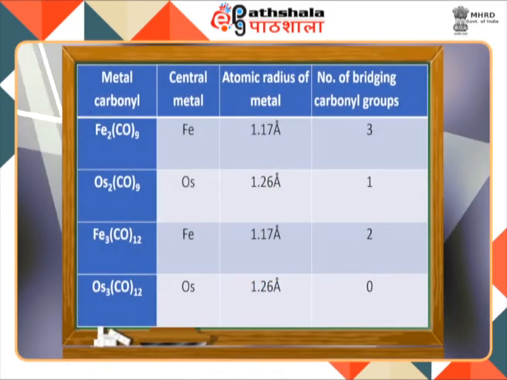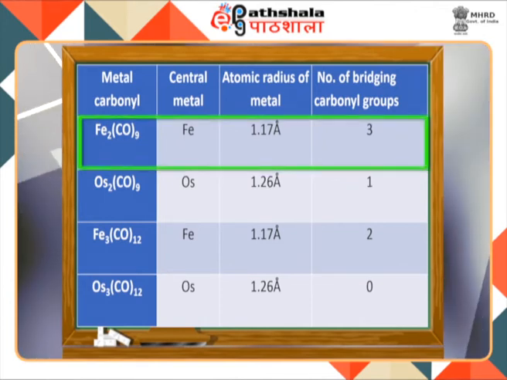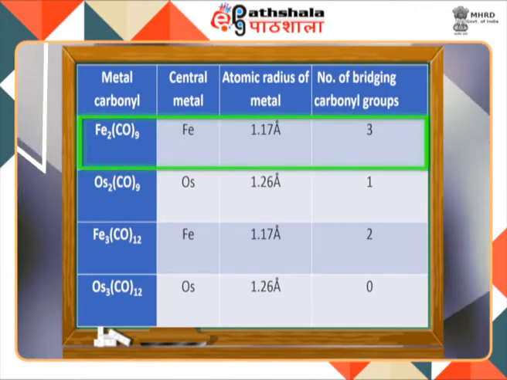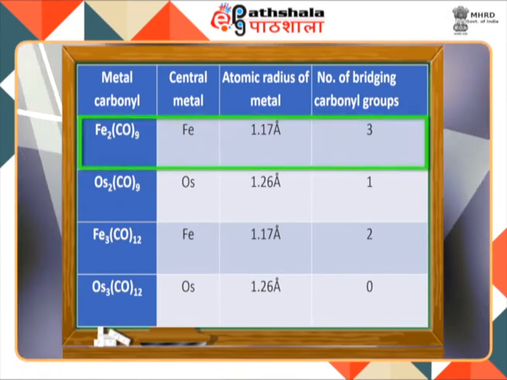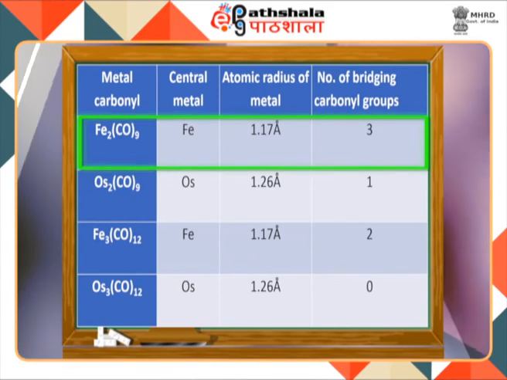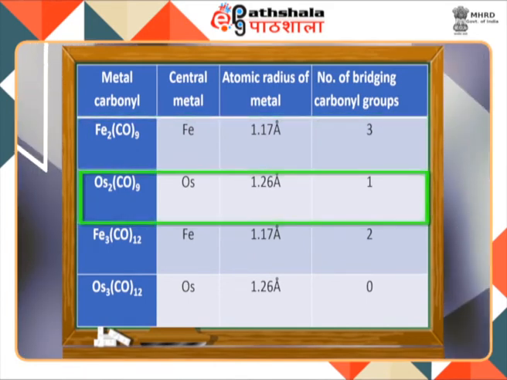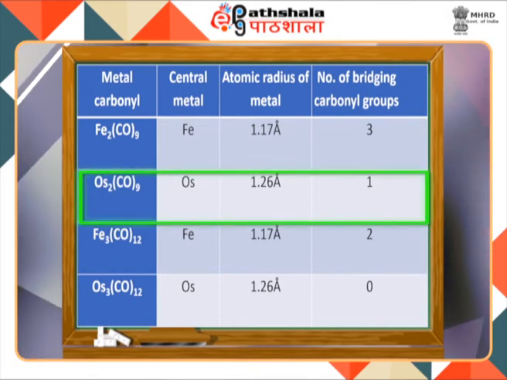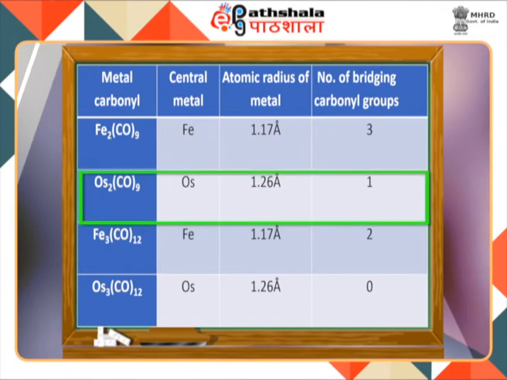Let us see this table. For the metal carbonyl complex Fe2 carbonyl, the atomic radius of the metal is 1.17 angstrom and the number of bridging carbonyl groups is 3. For the Os2 carbonyl complex, the atomic radius of the metal is 1.26 angstrom and the number of bridging carbonyl groups is 1.